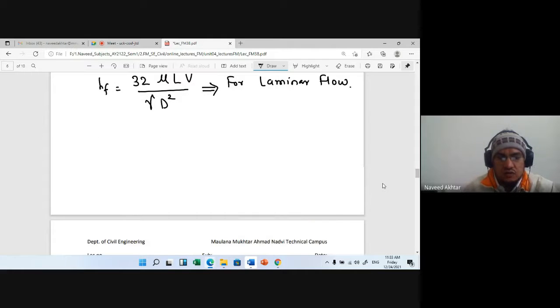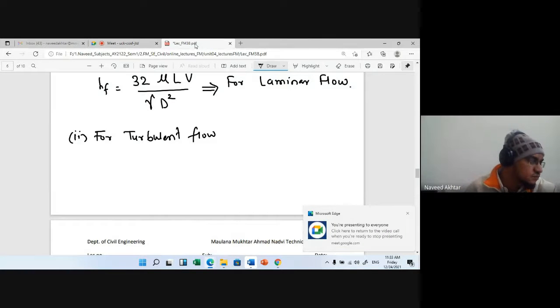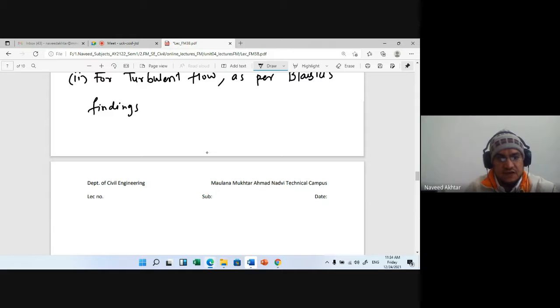Similarly, for turbulent flow, as per another scientist, whose name is Blasius, the friction factor for turbulent flow is given by F is equal to 0.316 divided by R to the power of 1 by 4.